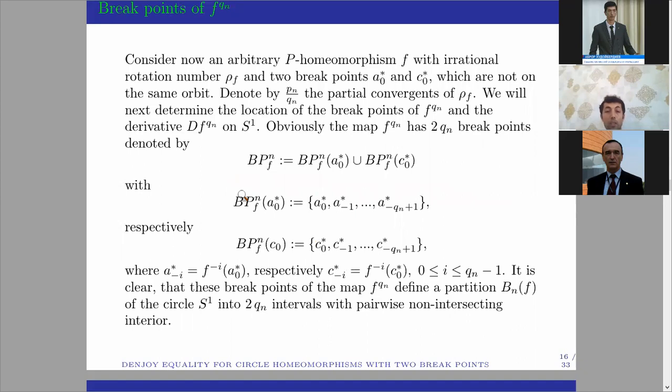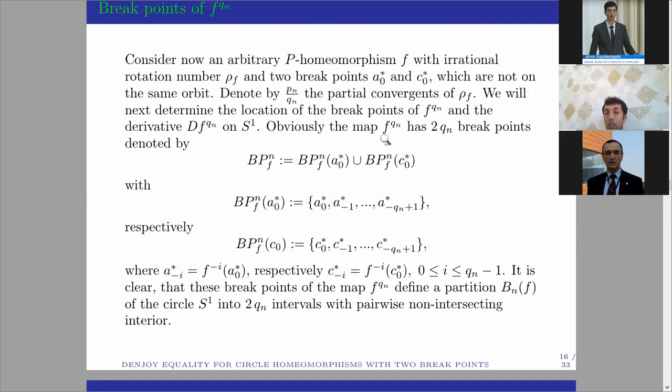Now let me introduce the breakpoints of f to the qn. We know that a0 and c0 are the breakpoints of f, and we consider them so that they are not in the same orbit, and we denote by pn over qn the partial convergent of the rotation number, and we determine the location of the breakpoints at qn and the derivative of f^qn on the circle.